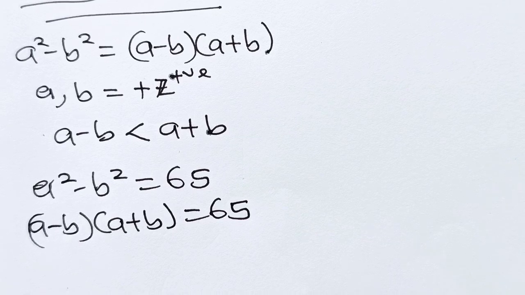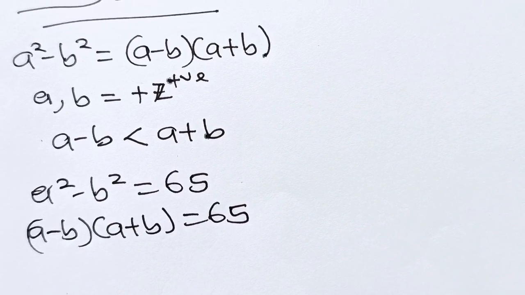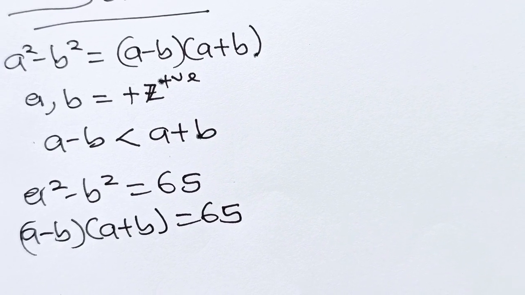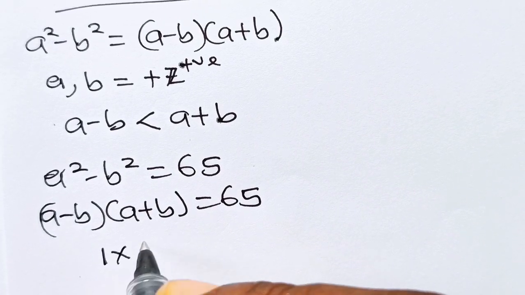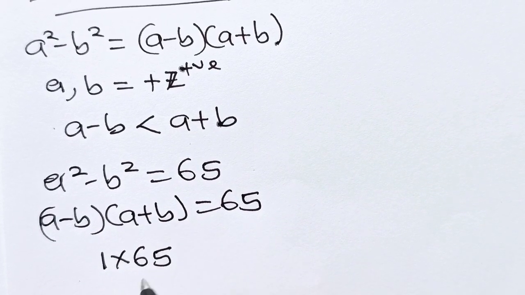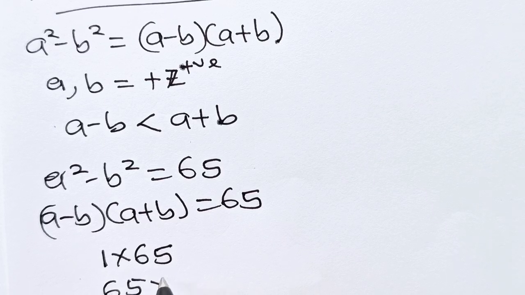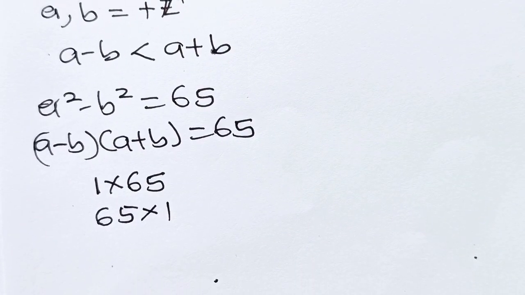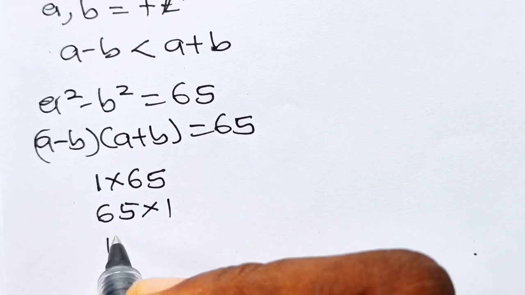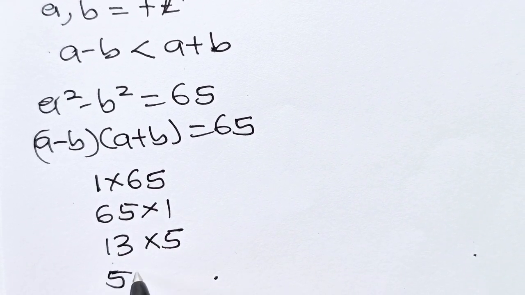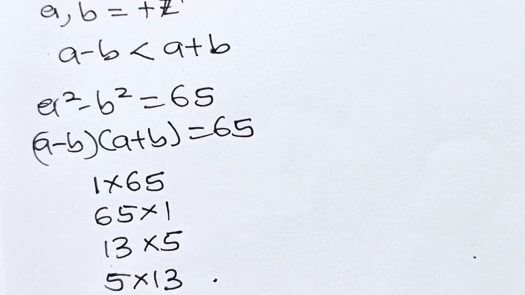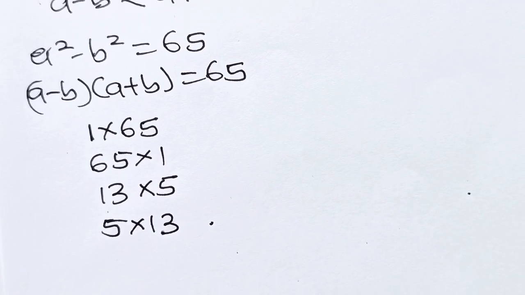Now let us look at possible ways that we can express 65. 65 can be written as 1 times 65, it can also be written as 65 times 1, it can also be written as 13 multiplied by 5, and it can also be written as 5 multiplied by 13. So these are the ways we can express 65.